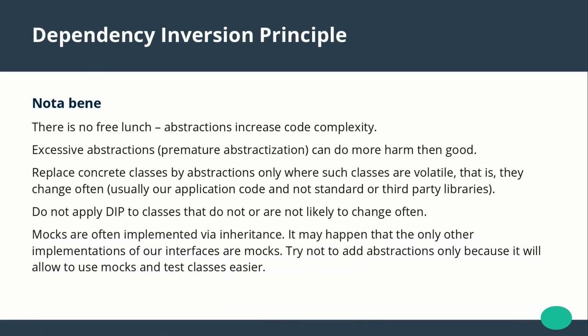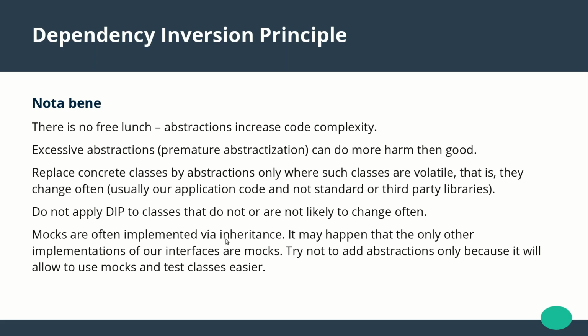You should also understand that when we have abstractions and apply the dependency inversion principle, this allows us to use mocks in unit tests of our classes, because we replace concrete implementations with mocks. Mocks will implement the interface. Usually mocks like Gmock, Google mocks, are implemented with inheritance.